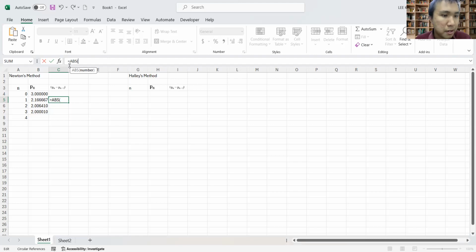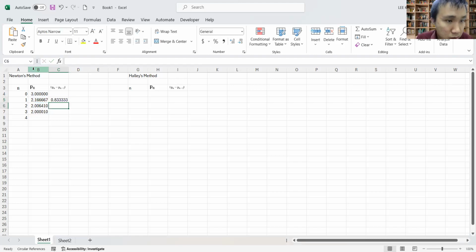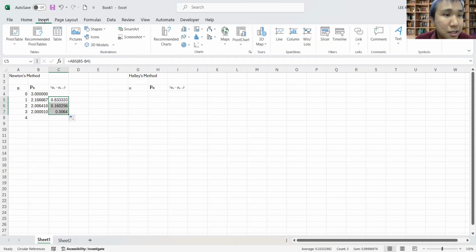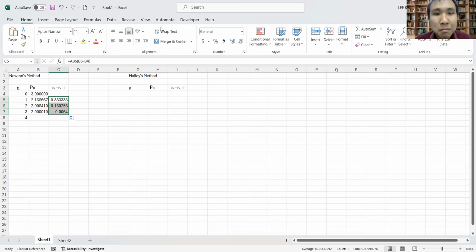This is ABS of B5 minus B4. Okay, we continue down. And then we will adjust the decimal places if they don't match. We can adjust more or less, and we will just adjust to 6. And then we'll continue.